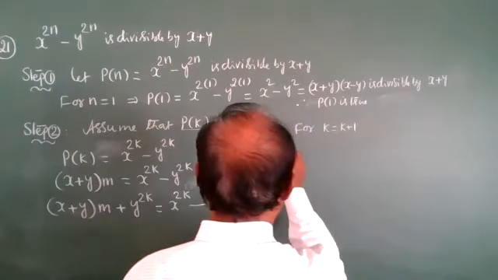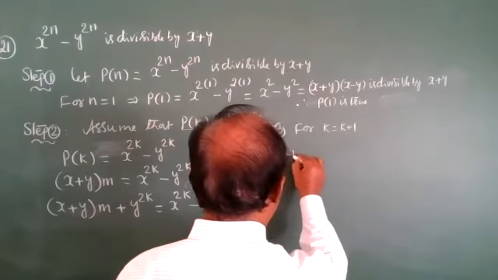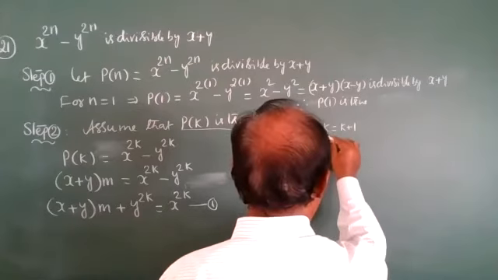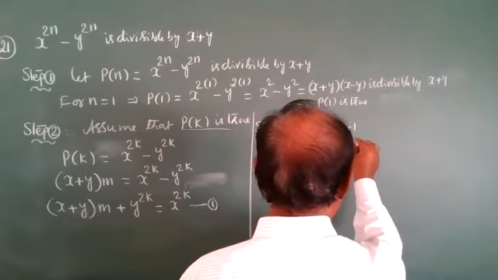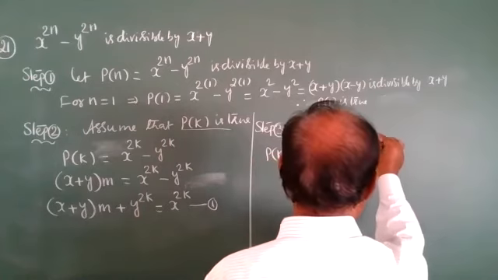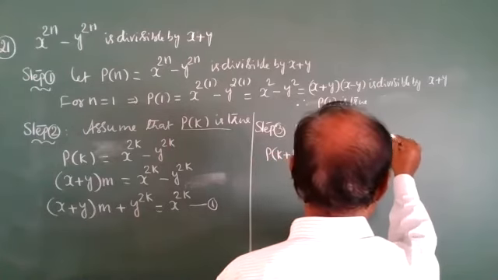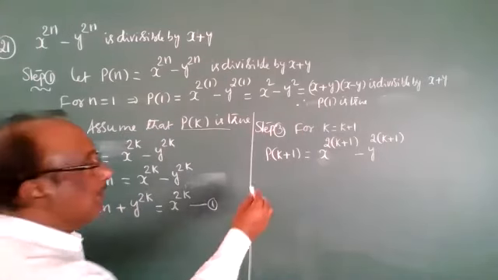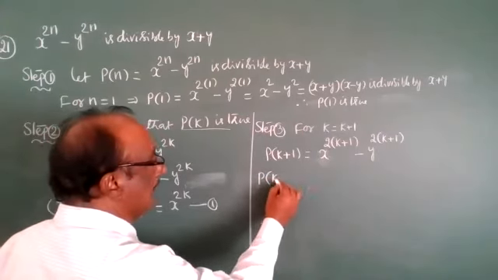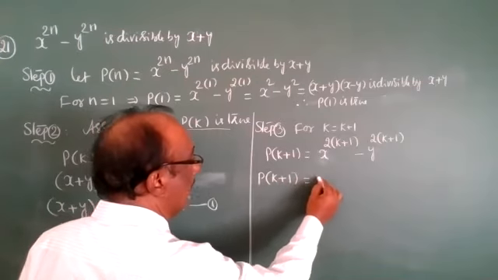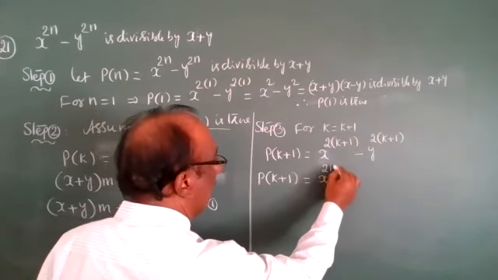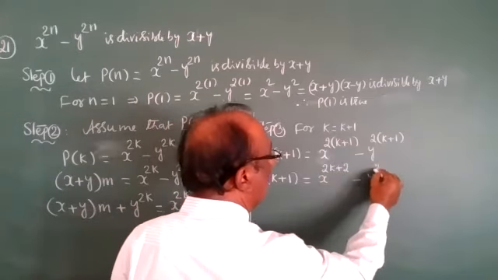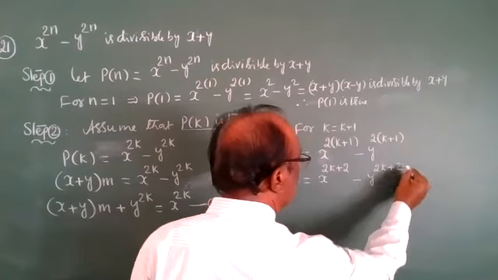Right, P of k plus 1 is equal to x power of 2 times (k plus 1) minus y power of 2 times (k plus 1). Now simplify. P of k plus 1 is equal to x power of 2k plus 2 minus y power of 2k plus 2.